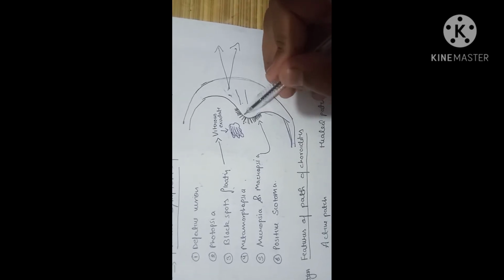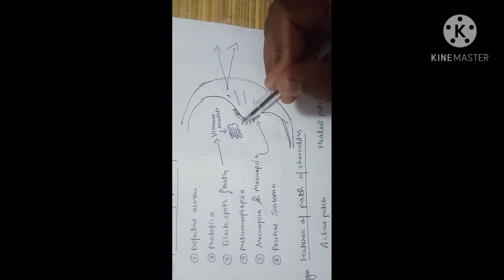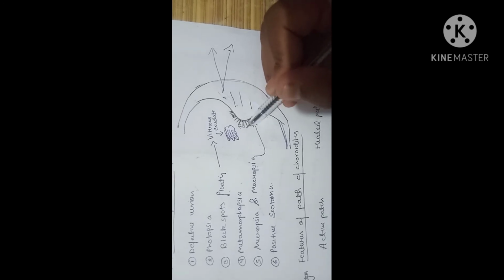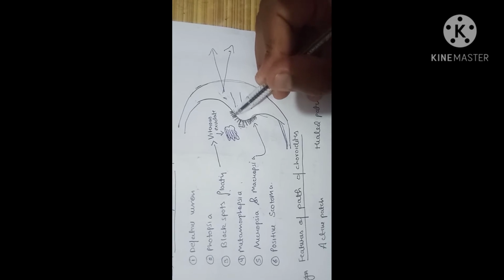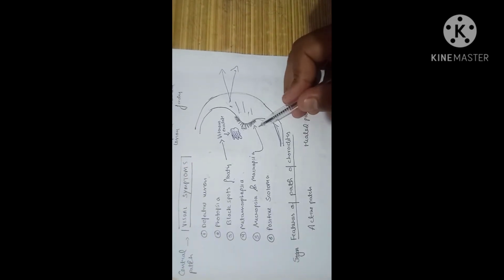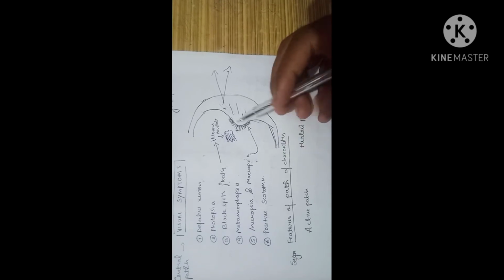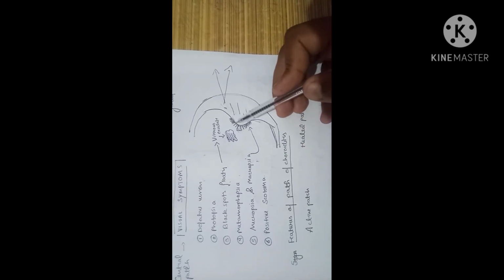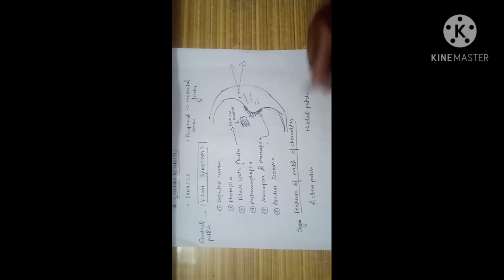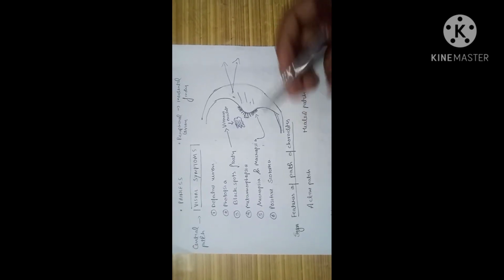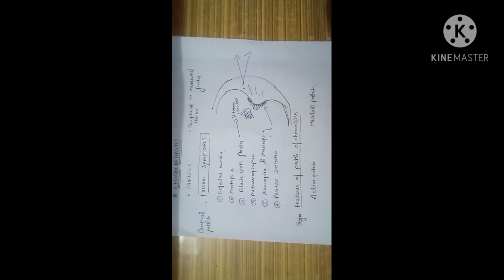Here in the elevated part, these rods and cones will be far apart because of this elevation, whereas in the periphery these will be closer. Where these are closer, there occurs macropsia, and where these are far apart in the elevated part, there occurs micropsia. And the final symptom that we see is a positive scotoma. The patient will complain of a central black spot in his visual field.